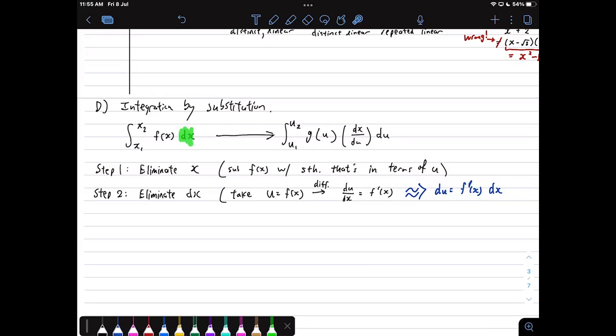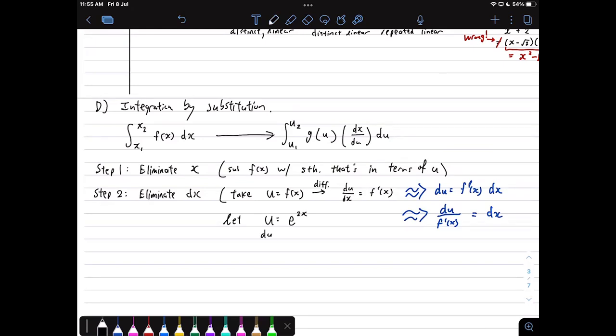right? You see the dx here? See the dx here? You try to sub in. Maybe if I just make it even funnier, du over f prime of x equals dx. Take note that sometimes you may still need to replace the f prime of x here with something in terms of u. A classic example would be, let's say you let u equal e to the power of 2x.